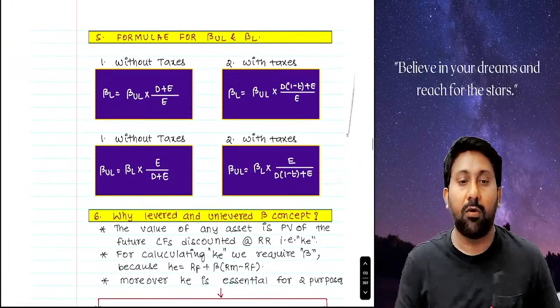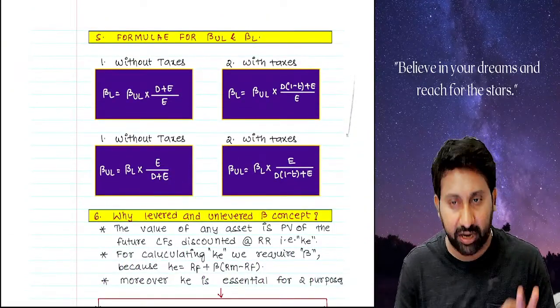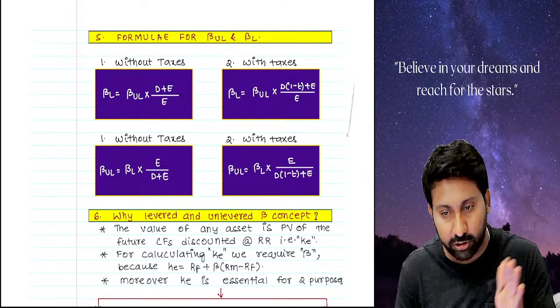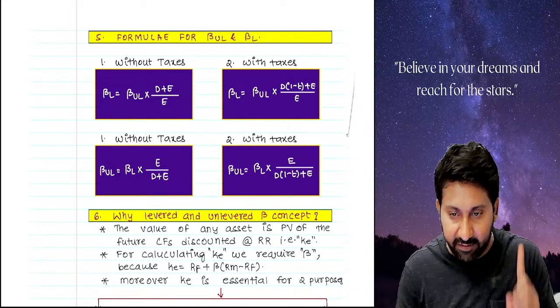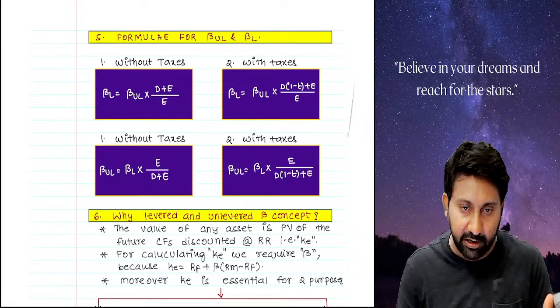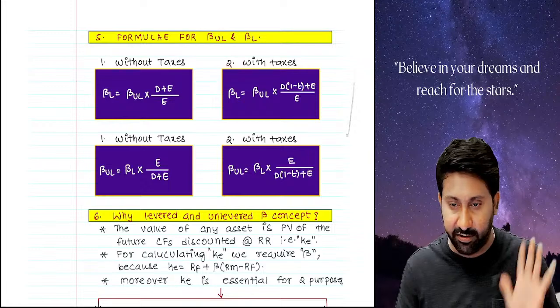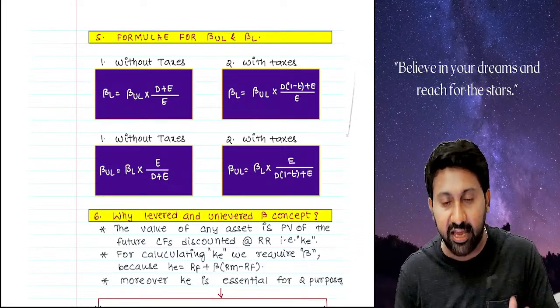First, what is levered beta? Levered beta means the beta of a company where debt is also there. Unlevered beta means the beta of a company where debt is not there. Debt is there, levered. Debt is not there, unlevered.